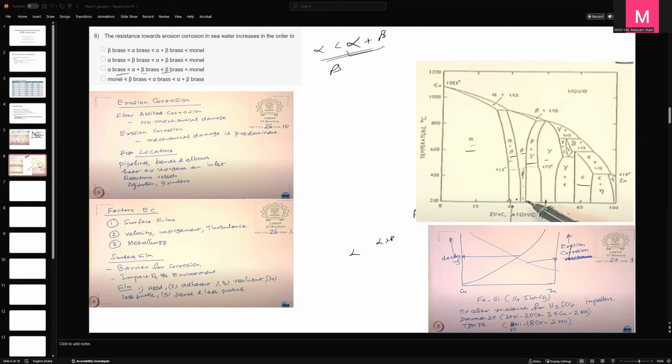Beta brass contains higher zinc and less copper. Yes, I'm just checking online literature whether it has higher strength. Like, is it harder than alpha plus beta? It's usually true that two phases are more.